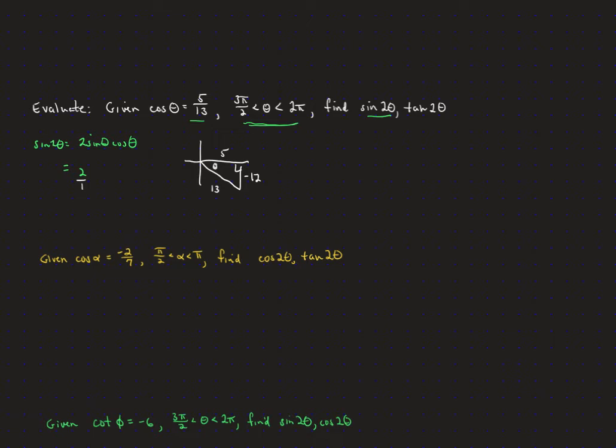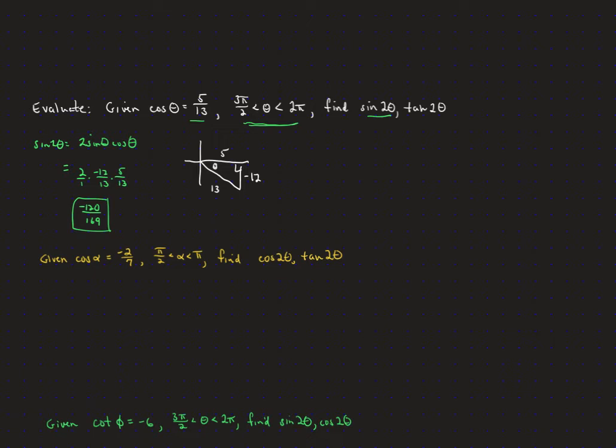So that's going to be 2 sine theta times sine theta, which is negative 12/13, and cosine theta, which is 5/13. And so that is going to be 2 times 5 is 10, times 12 is a negative 120, and 13 squared is 169.